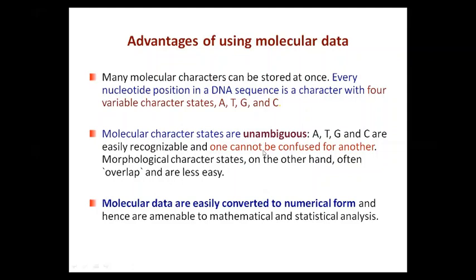They are totally different from each other. There is no confusion regarding the position of one nucleotide in a gene sequence or genotype sequence. So molecular data therefore gives us a clear picture of the genetic makeup of the organisms without any ambiguity.